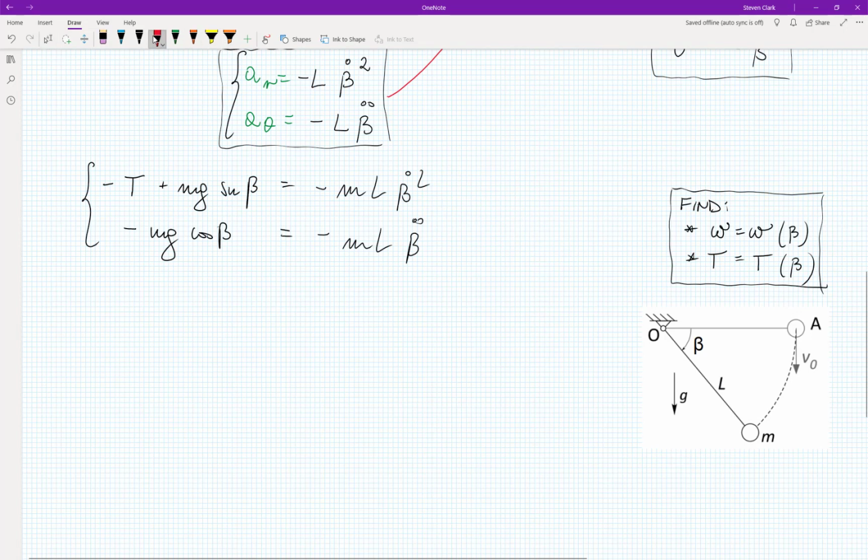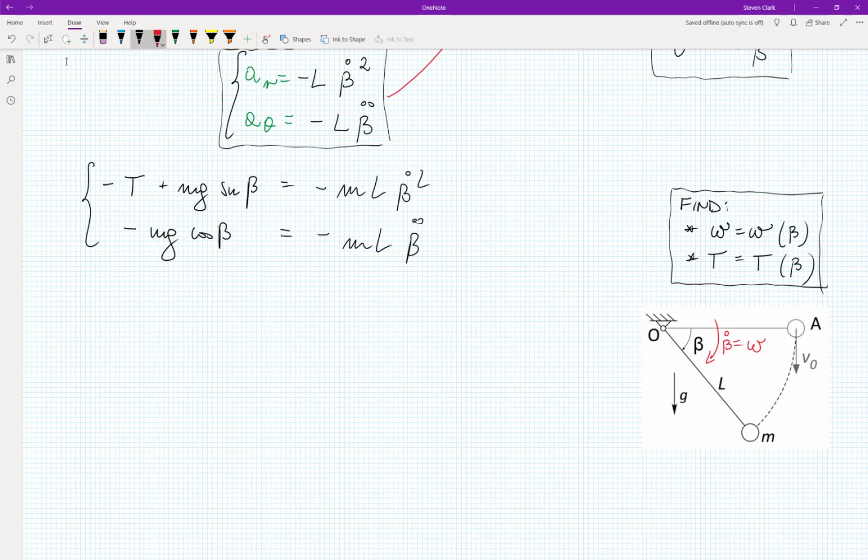For example, this is beta, right? Yeah, and if I take first time derivative of beta, what is first time derivative of beta? It is omega. Yes, it is omega, yes?